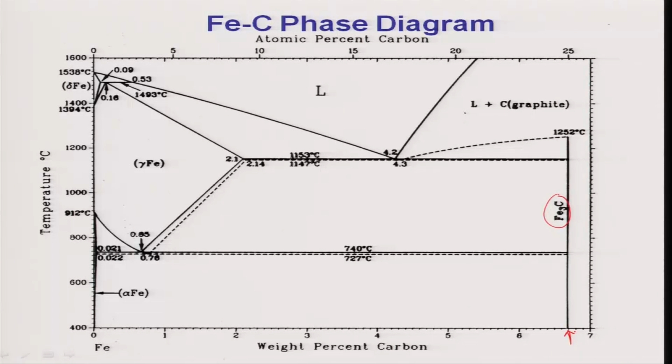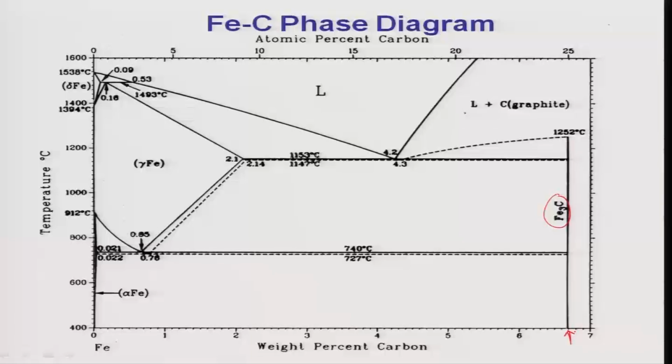So, the equilibrium which is important for steel is basically between iron and iron carbide. The equilibrium which is important for cast iron is not iron carbide, it is iron and carbon, or iron and graphite. Dotted lines are the equilibrium between iron and graphite, solid lines are between iron and carbide. What are the differences you see here?